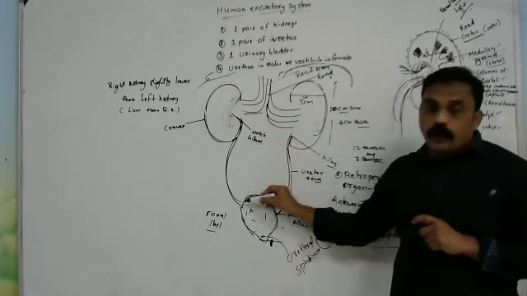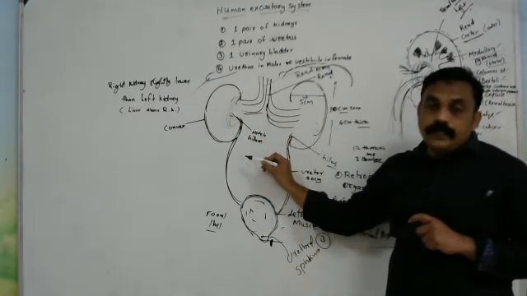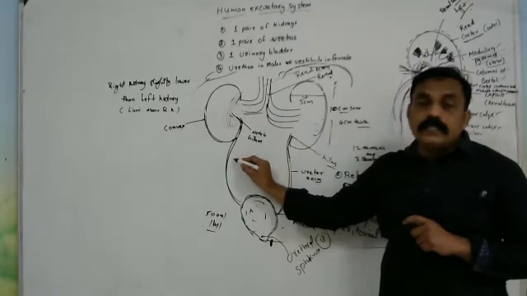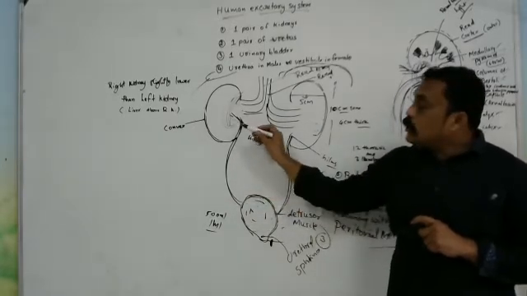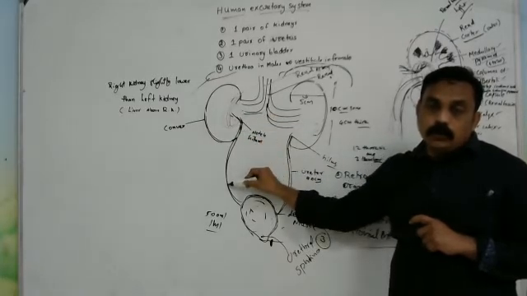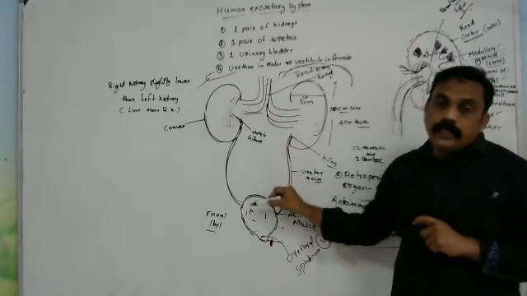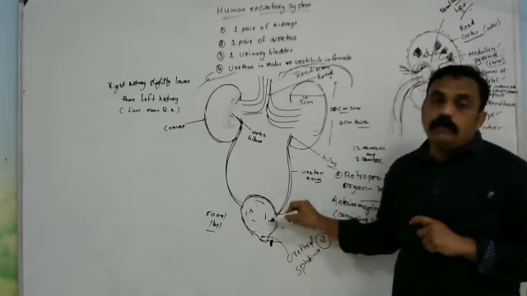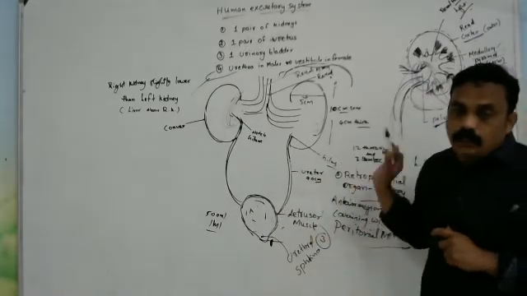They are approximately 40 centimeters long. The urine formed in the kidney passes through the ureter and enters the urinary bladder.